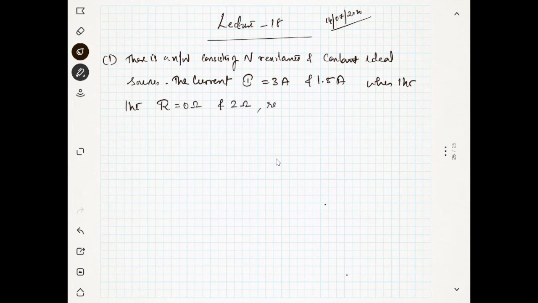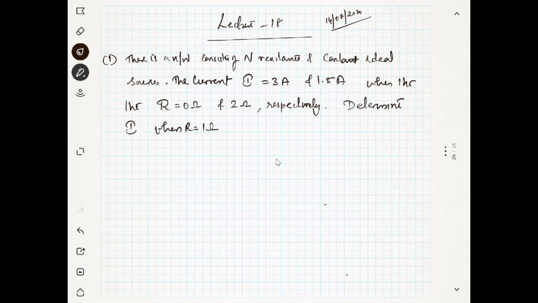That's the meaning, respectively. Okay, determine the current I when R equal to 1 ohm.